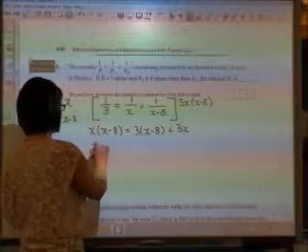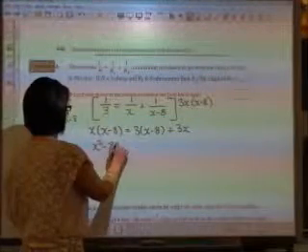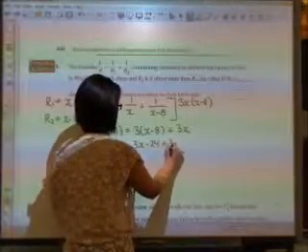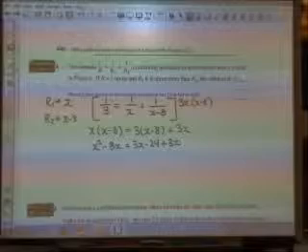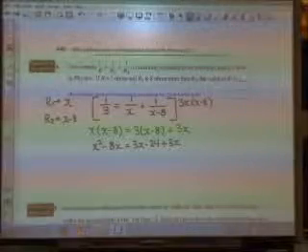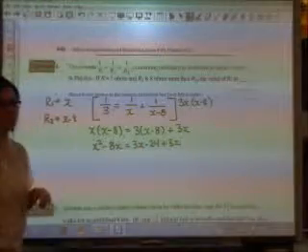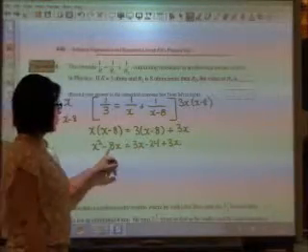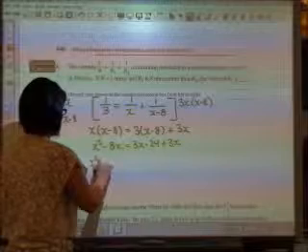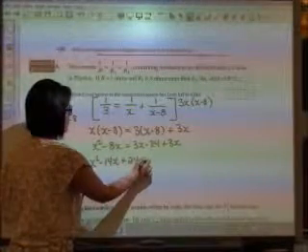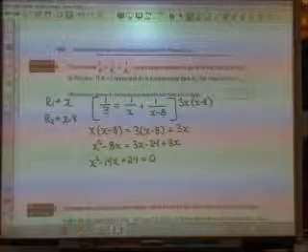Remove my brackets. And then bring everything over to one side. So the two 3x's would become 6x. Bring it over would be a negative, so I now have a negative 14x. Bring the 24 over, and it becomes positive.